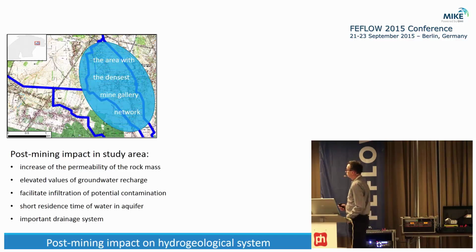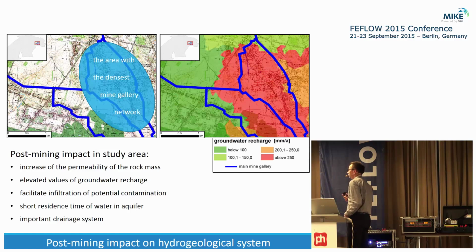This is the focus on the part which has the biggest amount of workings and empty spaces in the rocks. And this is the area of the densest mine gallery network.